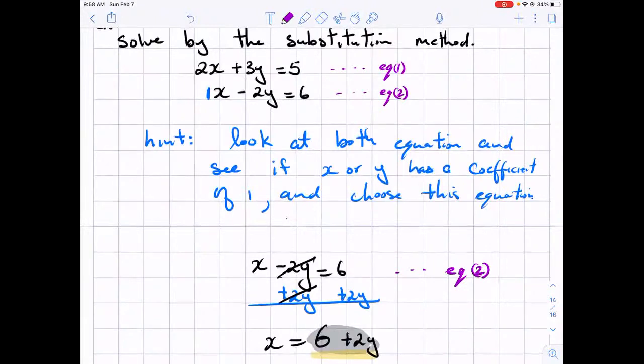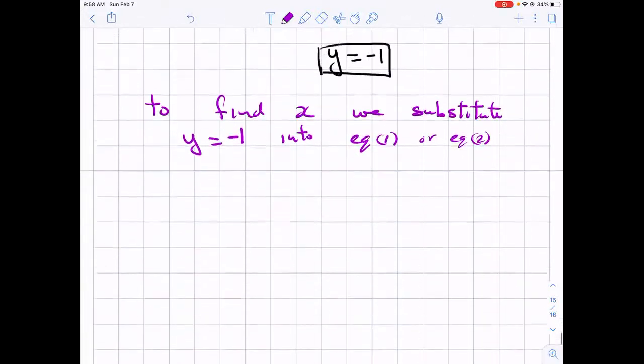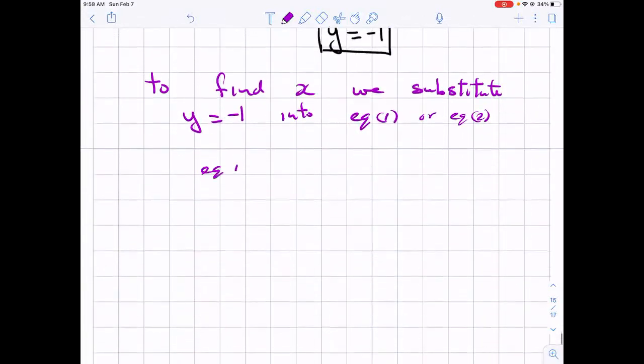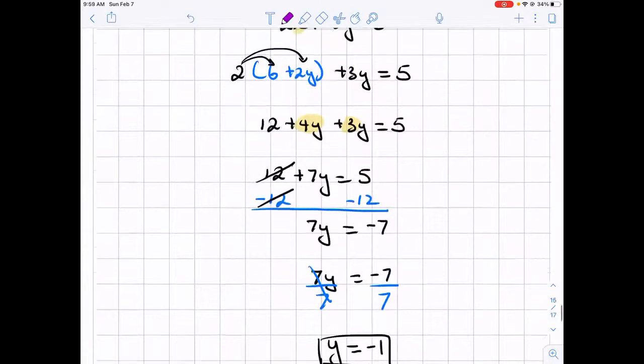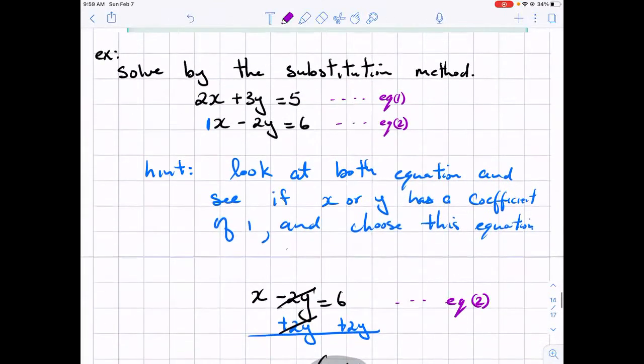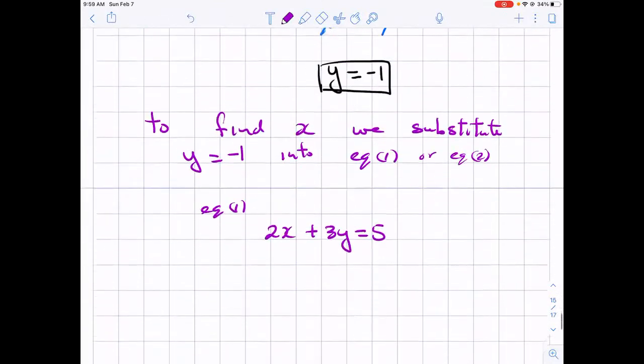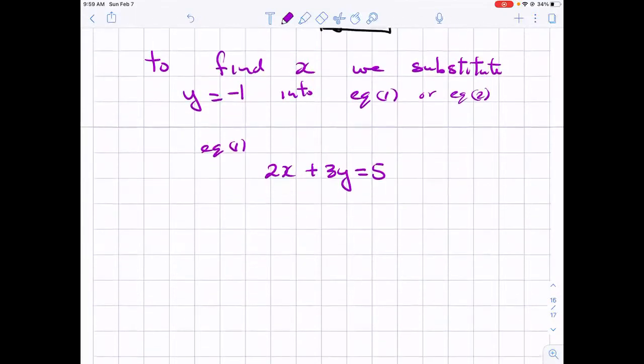Let's pick equation 1, 2x plus 3y equals 5. Let's just confirm that. 2x plus 3y equals 5, yes. And we're going to choose y equals negative 1. So 2x plus 3, instead of y, I'm going to write negative 1. And that is equal to 5.